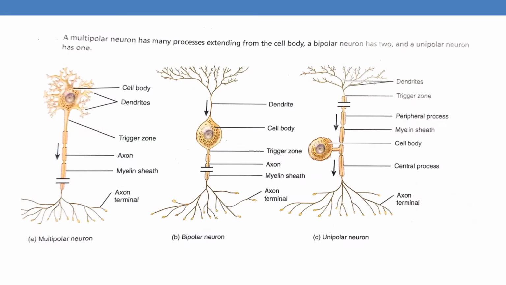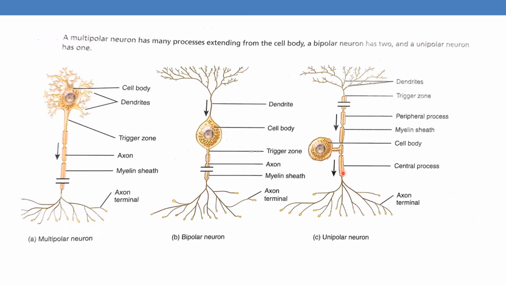Now here you can see the diagrammatic representation of structural classification of neurons. A multipolar neuron has many processes extending from the cell body. A bipolar neuron has two and a unipolar neuron has one process. That is the main difference. Here you can see the unipolar neuron.